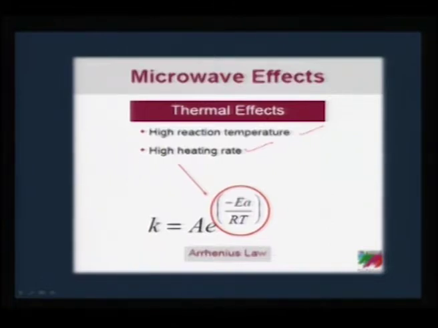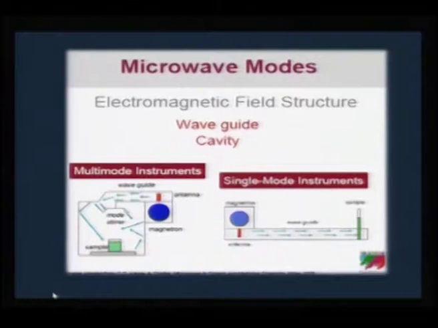So, the reaction rate can be fastened by orders of magnitude. So, because of this, we try to use the thermal effects as a source to speed up the reaction, and the way that we can do that is of two forms. Either we can go for a single mode cavity instrument or multi mode instrument.